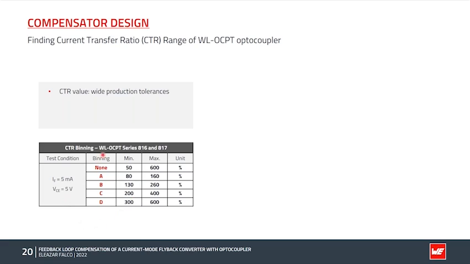For the case of the WL-OCPT series, this is 5-volt collector emitter voltage and 5 milliamp LED current. And here we can see examples for the 4 different binnings. For example, for the bin A, the CTR will be between 0.8 and 1.6 for this DC bias condition. This is another way to express the CTR in percentage.